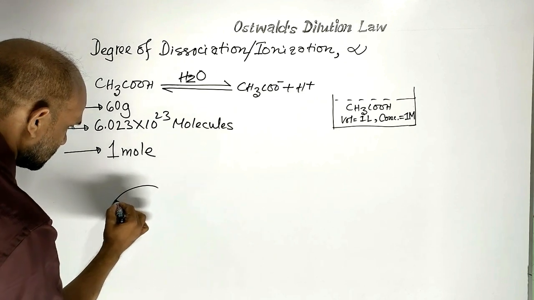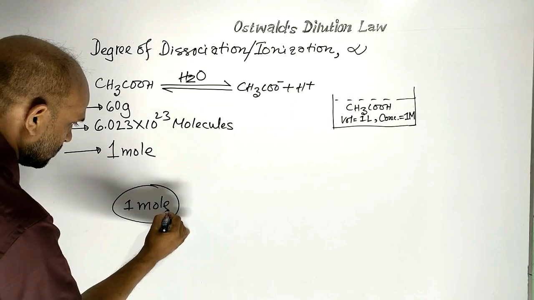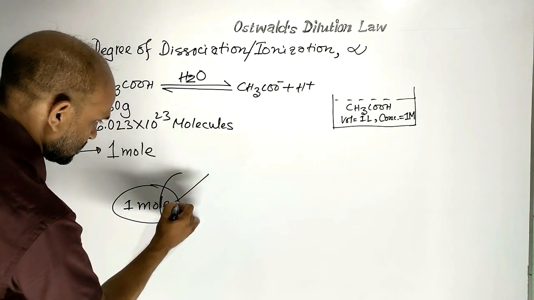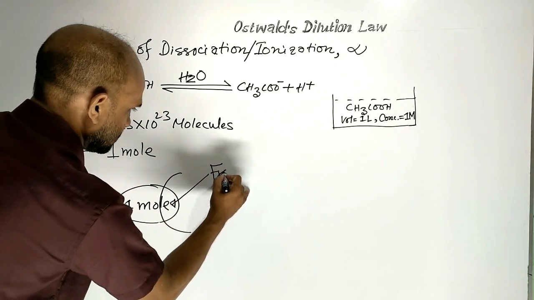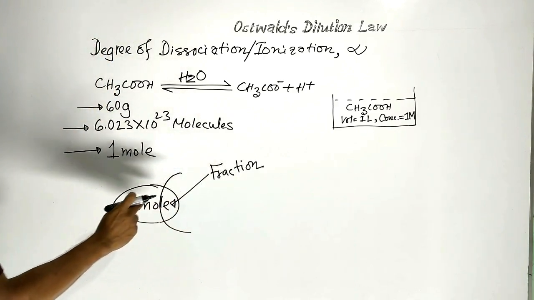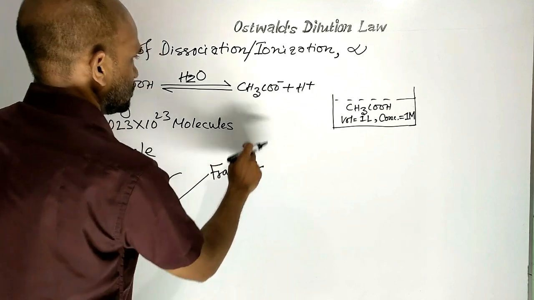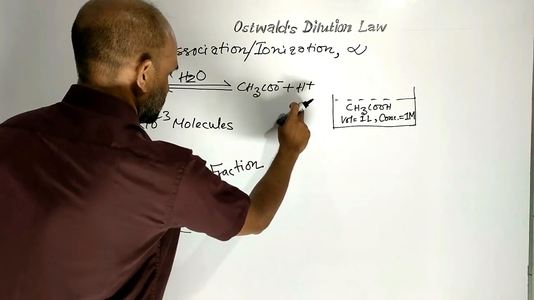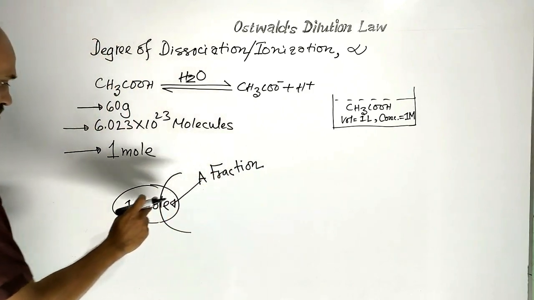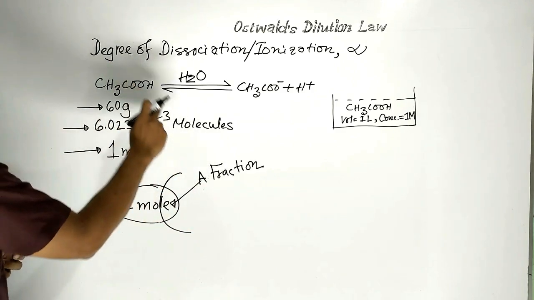Suppose here this is 1 mole, from which this amount, a fraction of 1 mole of acetic acid that ionizes to acetate ion and proton. That fraction of 1 mole of acetic acid is called degree of dissociation.